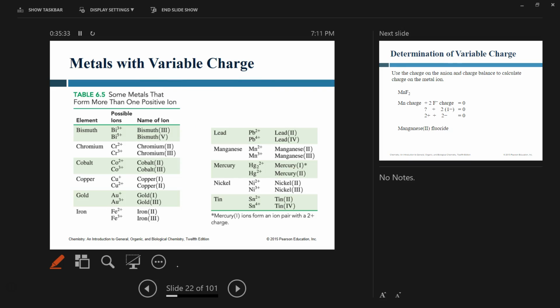Now, here you don't need to memorize anything because it's pointless. For chromium here, they show charges of +2 and +3. I can tell you a secret that chromium can have charges +1, +2, +3, +4, +5, +6. And for each of these charges, it can form an oxide.